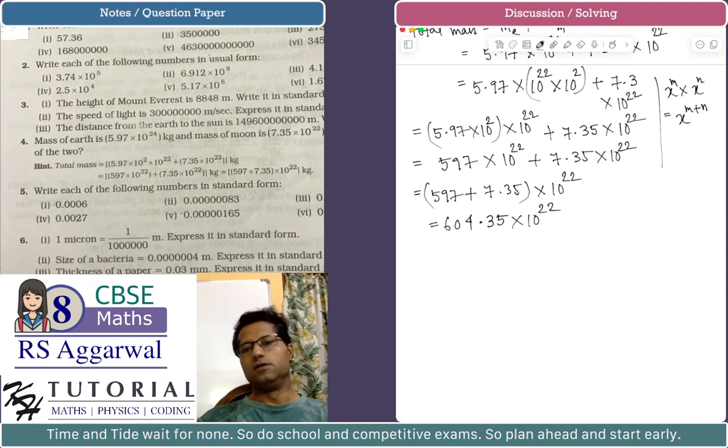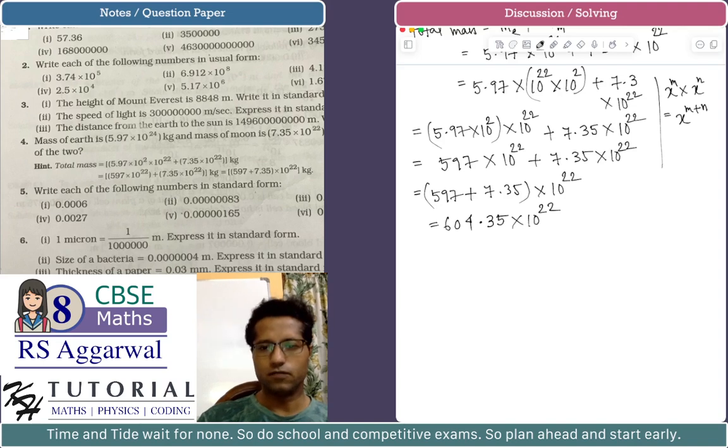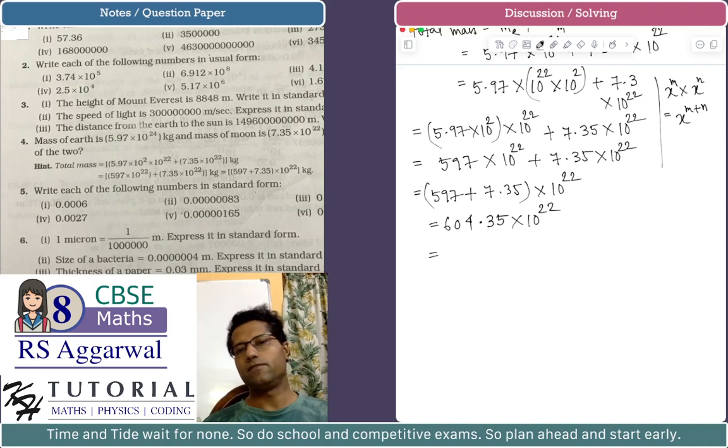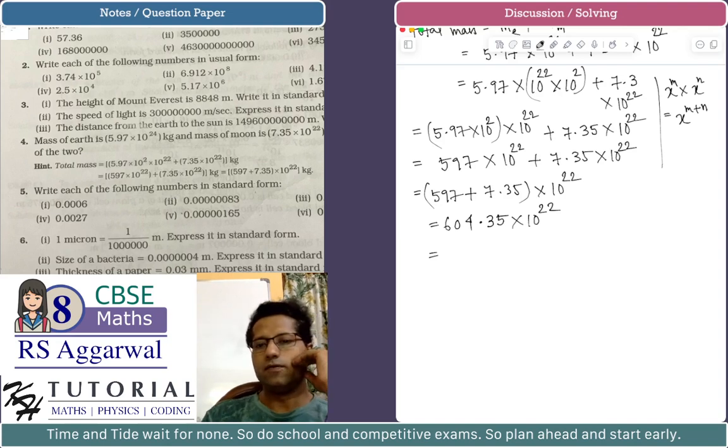Now this is not in standard form because the x is not greater than or equal to 1 and less than 10. It is a huge number, 604.35. So I have to bring the decimal point after 6. Right now the number is 604.35, but I need the decimal point after 6.